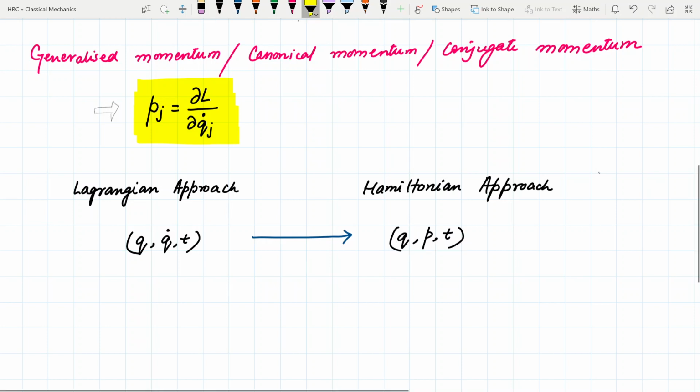Are you understanding? When you substitute the generalized velocity with the generalized momentum and redefine some of the parameters and equations involved, you are dealing with what is known as the Hamiltonian approach.